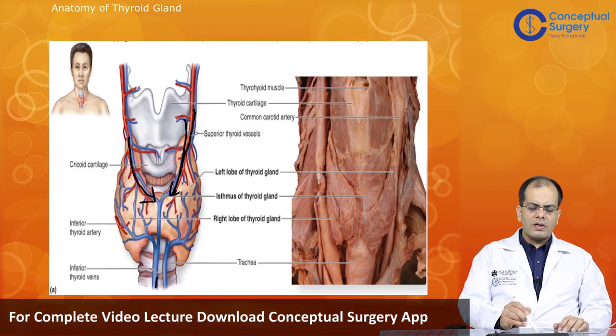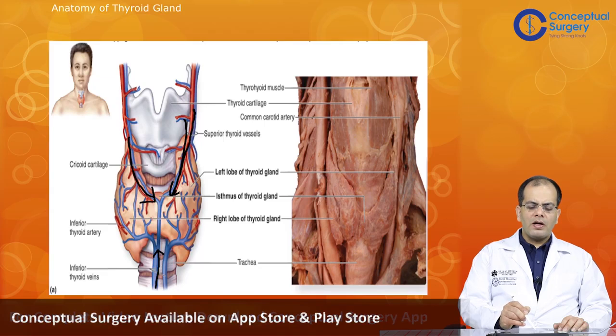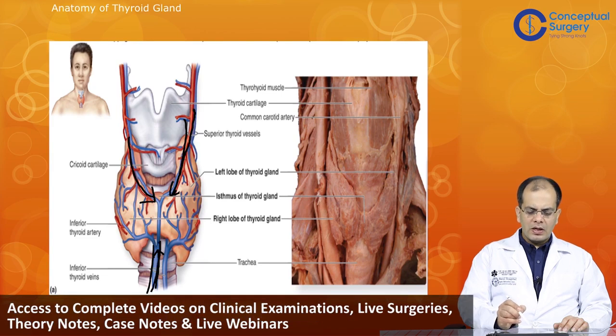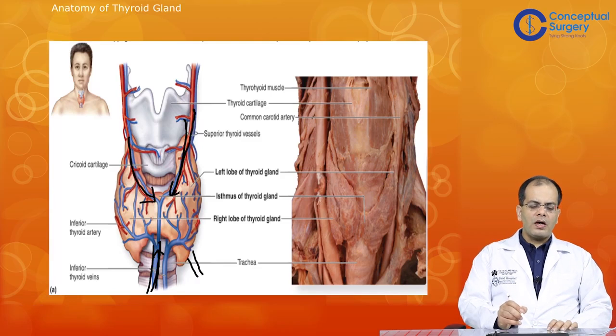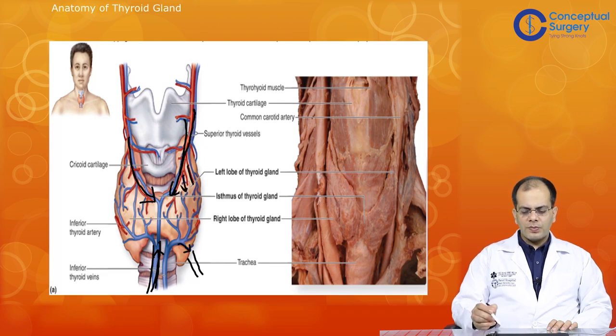Here you see the median thyroid vein, which is usually the inferior, but sometimes there is a thyroidea ima artery that extends superiorly. The inferior thyroid artery, of course, enters the thyroid gland in its lower aspect, so that we are able to visualize the venous ramifications as well as the arterial branching that goes about.